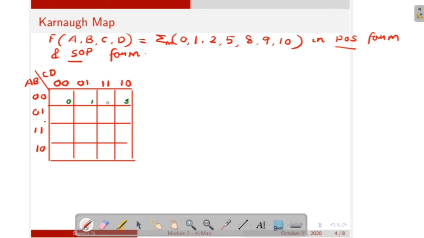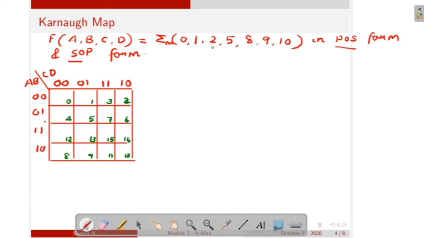That is 0, 1, 2, 3, 4, 5, 6, 7, then 8, 9, 10, 11, 12, 13, 14, 15.